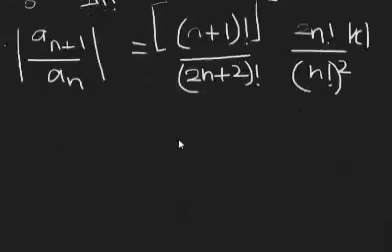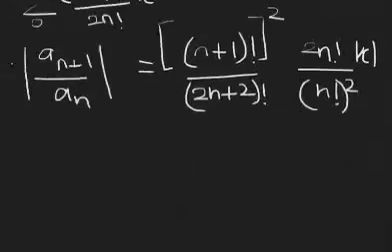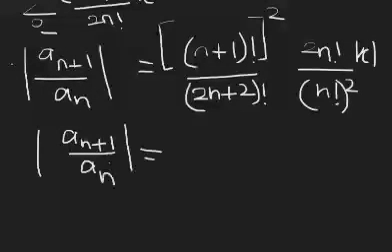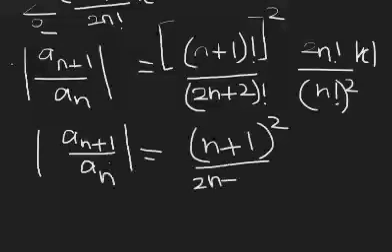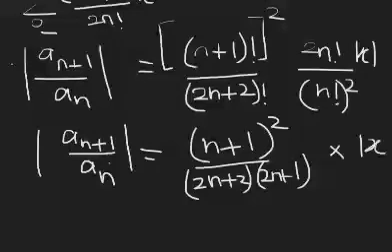You can simplify that further, so the modulus of a_(n+1) over a_n is equal to (n+1) squared over (2n+2)(2n+1), times mod of x, right?